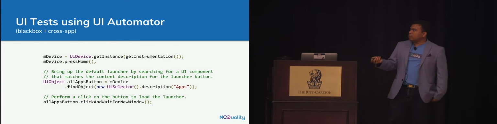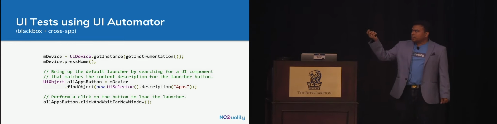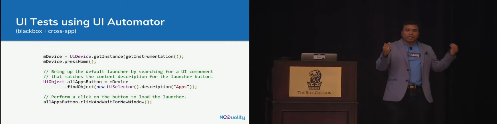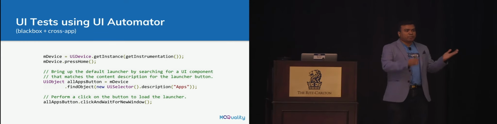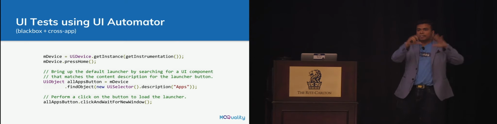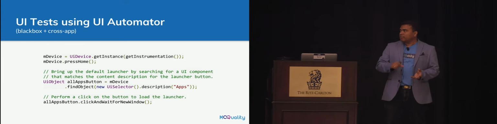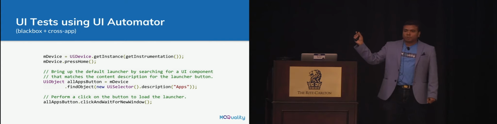In this example, the sample test gets an instance of a UI device in the first two lines and presses the home button. It's just simulating the pressing of the home button at the system level, not within the app. In the next step, it is finding a UI selector, a widget with the content description apps.